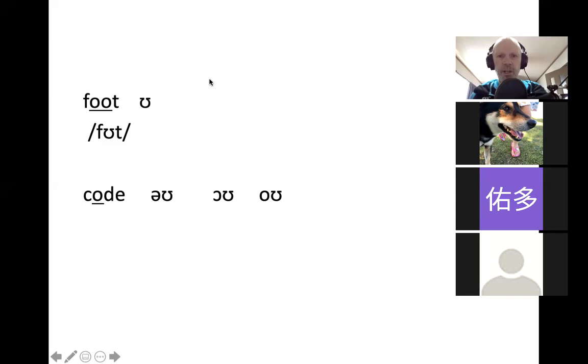Let's have a look. So you got code. British English very often they just go code. And then particularly in American English, this tends to be a bit more open. Sort of more like a round O, right? Round O, not really open, round.